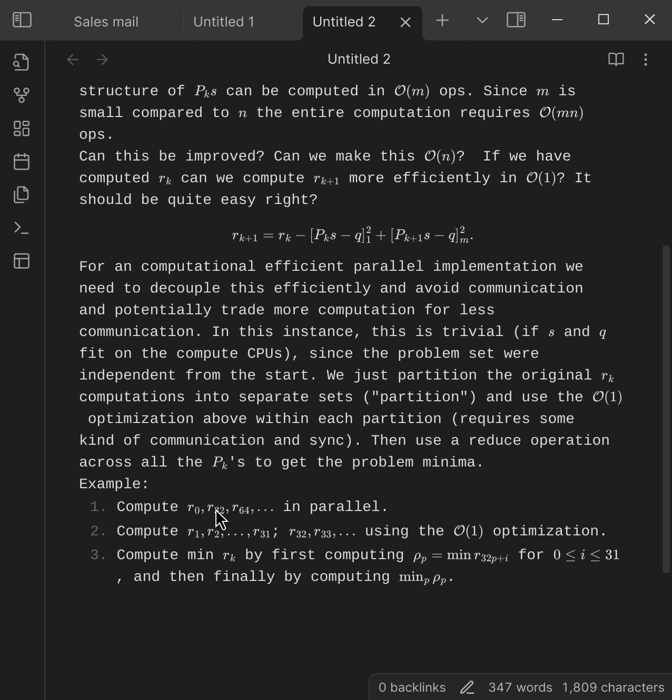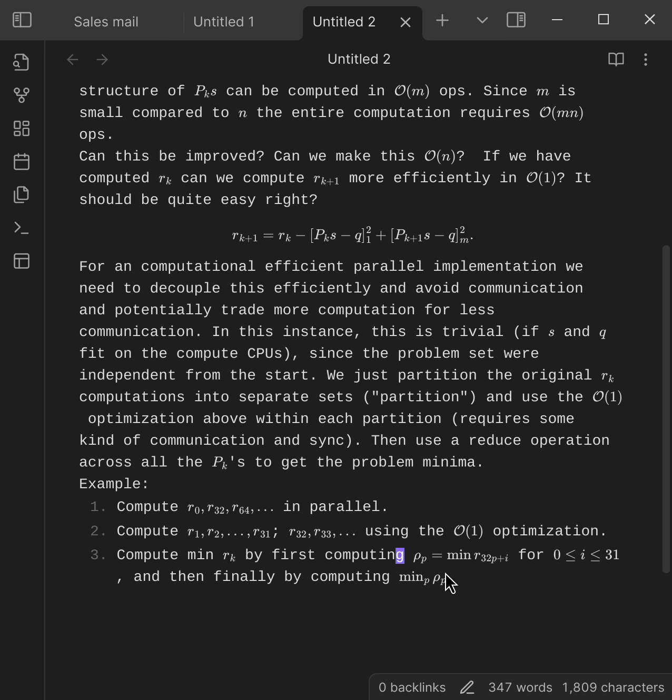Even though we could compute R32 by computing R1, R2, R3 sequentially, we do this in parallel now. And then we use the sequential algorithm to fill up R1 up to R31, and similarly for all the other blocks.